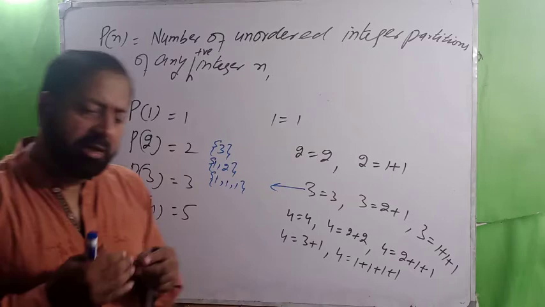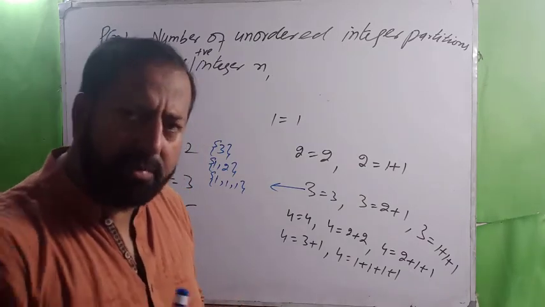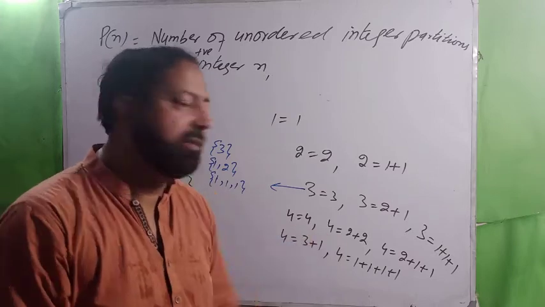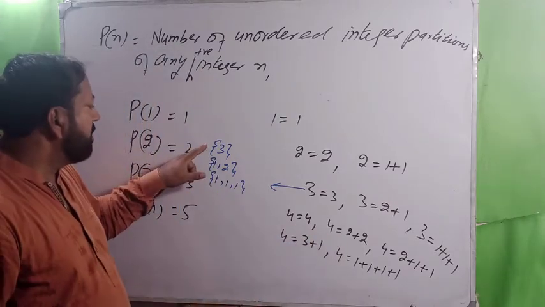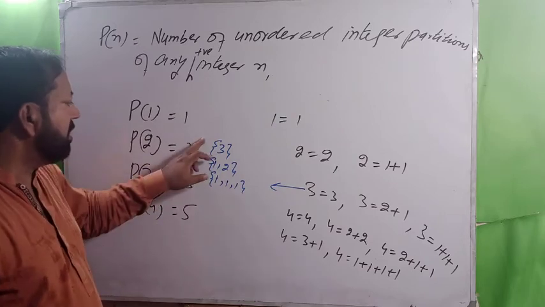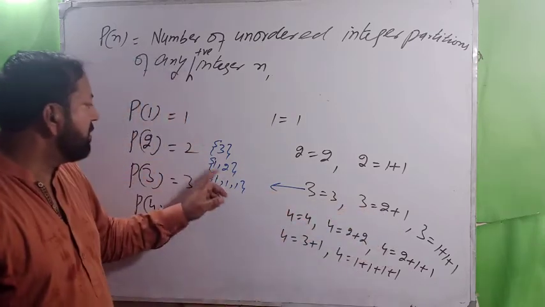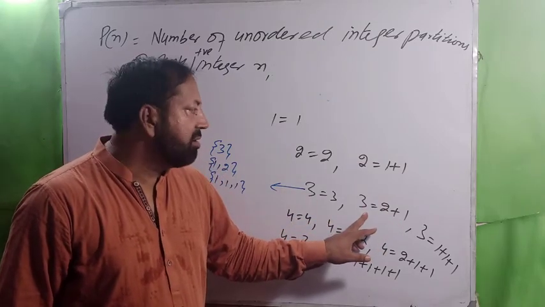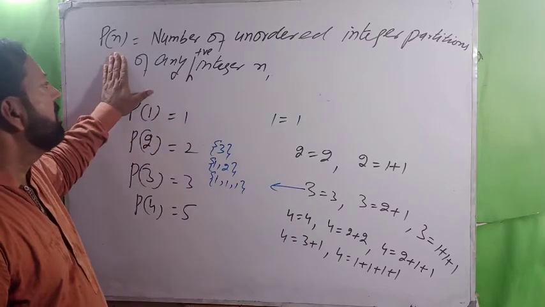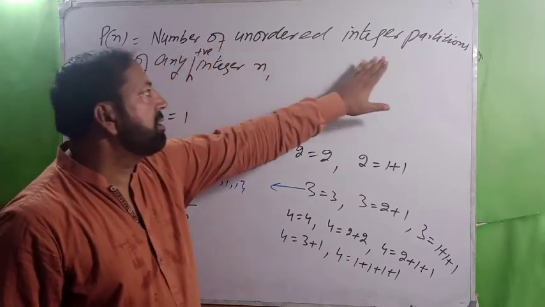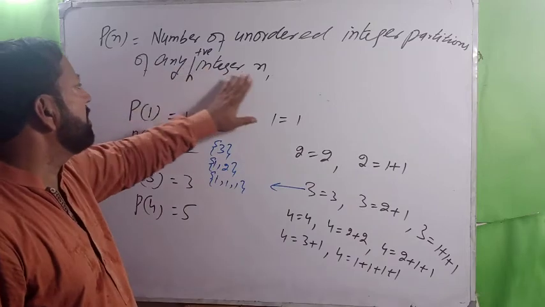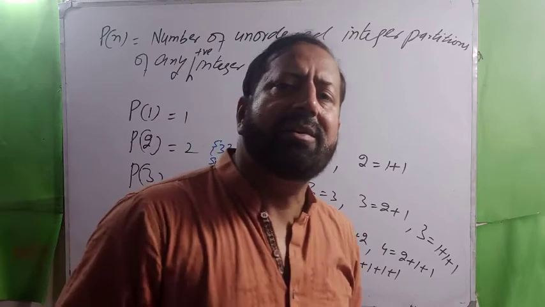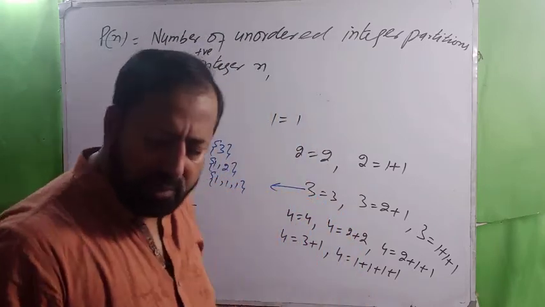We are going to cycle type. I'll try to synchronize these two at the end. So these are the three partitions for 3; if you add up the parts, the sum should be 3, right? So we define this symbol Pn, the number of unordered integer partitions of any positive integer n, where the sum of its parts should be n, right?